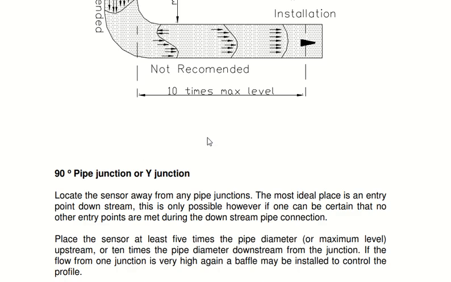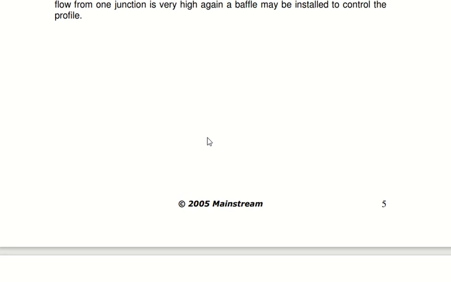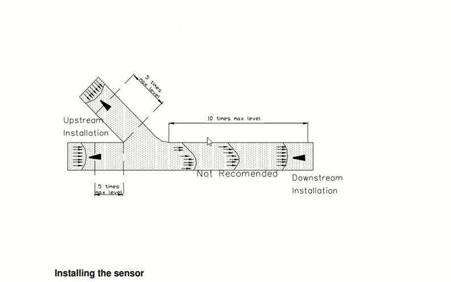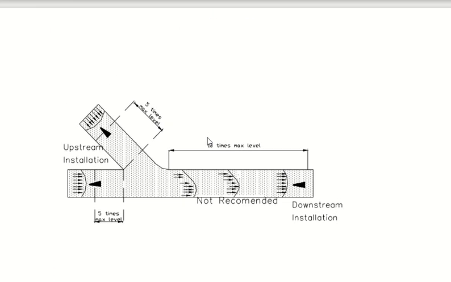We place the sensor at least 5 times the pipe diameter upstream, or 10 times the diameter downstream, just like the previous case. And if the flow of the junction is very high, again a baffle may be installed to control the profile, and this is how it looks like. So you know about baffles now.